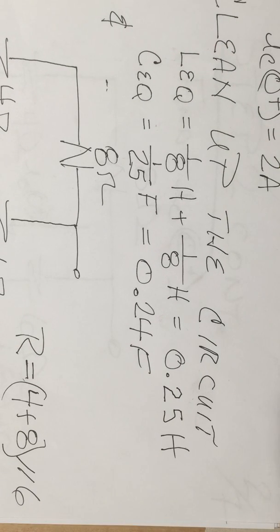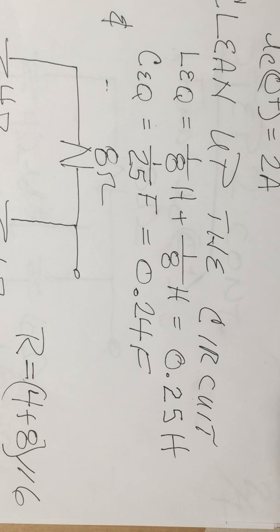Well, then I keep on going, and I'm going to clean up the circuit. So what I'm going to do, I'm going to get LEQ, I'm going to get CEQ in a decimal format. I'm also going to clean up my resistor, because what I need to do next is find the voltage across the inductors. Okay, so I find LEQ, which is 1/8 of a Henry plus 1/8 of a Henry, which is 0.25 Henries. So 1/4 of a Henry.